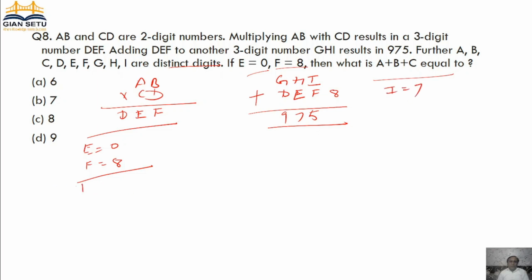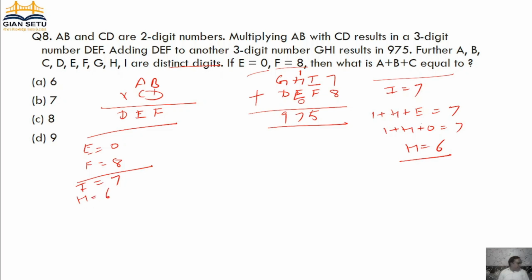So I is equal to 7. Now if we add I and F, that is 7 and 8, we get 5 here, and we get a carry. Now 1 plus H plus E is equal to 7. E is 0, so 1 plus H gives 7, and H is equal to 6. So H is 6.